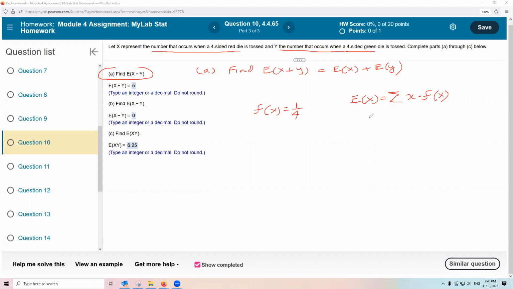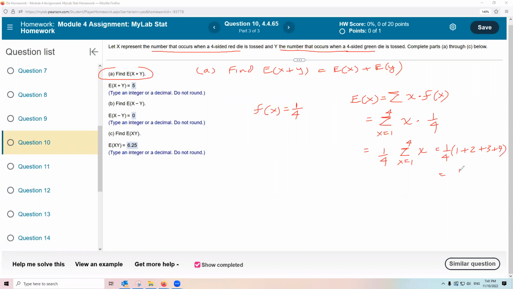So the way I can write this is the sum from x equals 1 to 4 of x times f of x, which is 1 over 4. Well, I could pull the 1 over 4 out in front of the summation because it doesn't depend on x. So this is just going to be the sum from x equals 1 to 4 of x. So this is going to be 1 over 4 times 1 plus 2 plus 3 plus 4.